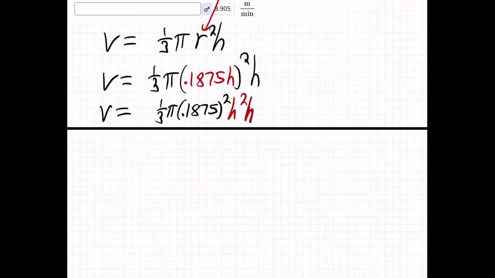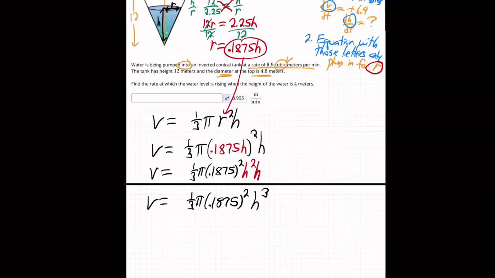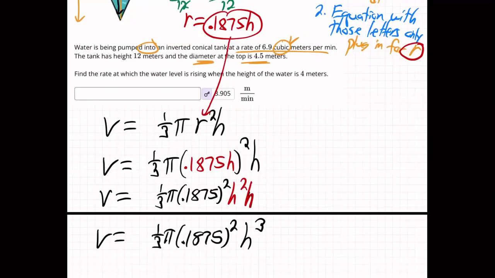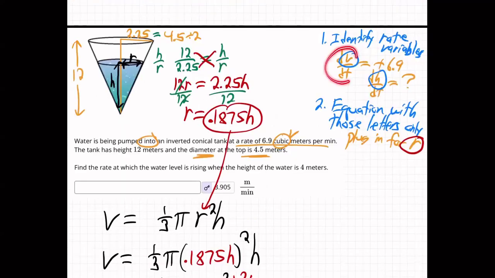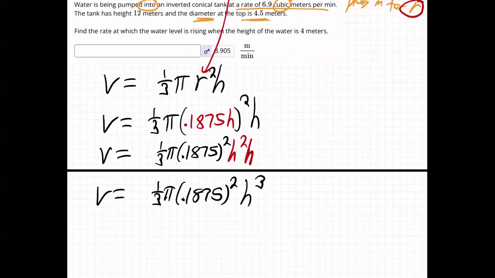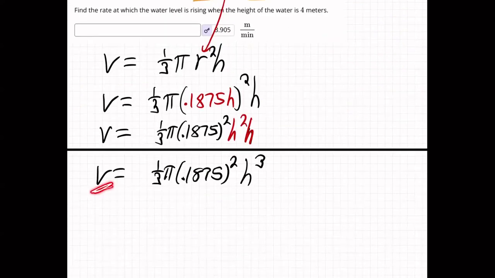And then one more time, can we simplify that one more time? 1/3 pi, 0.1875 squared, H cubed. Now we've fulfilled step two. Step two says get an equation with those letters. Like what letters? Only the rate letters that are mentioned in the problem, V and H. I've got an equation with only V and H.